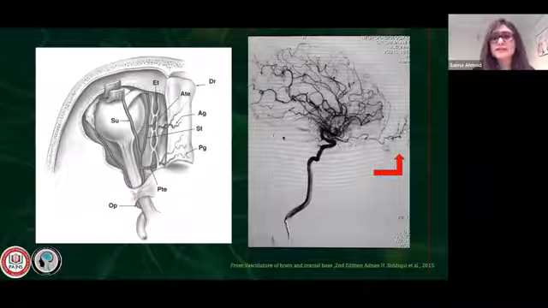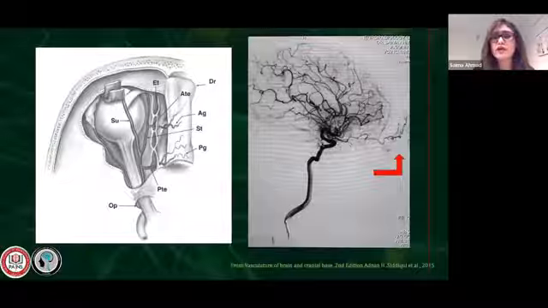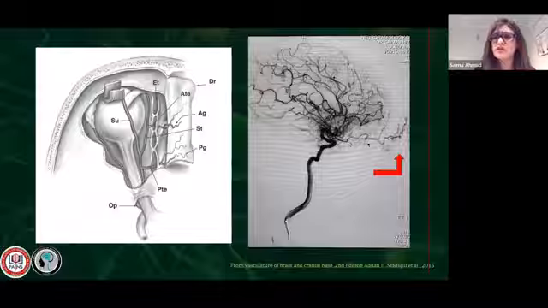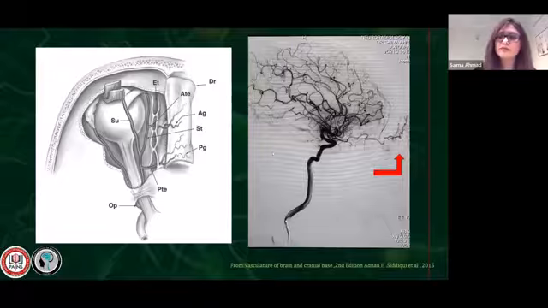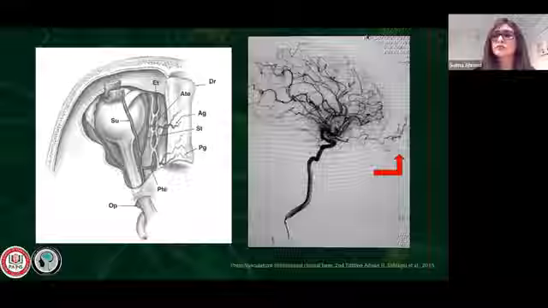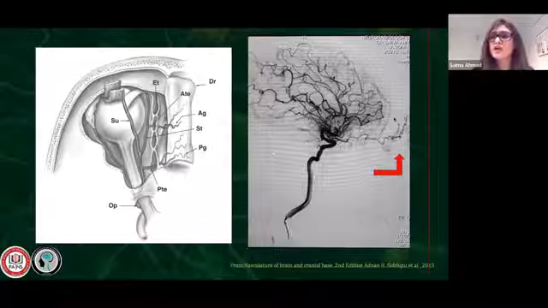Again, this is the lateral angiogram of one of my cases.